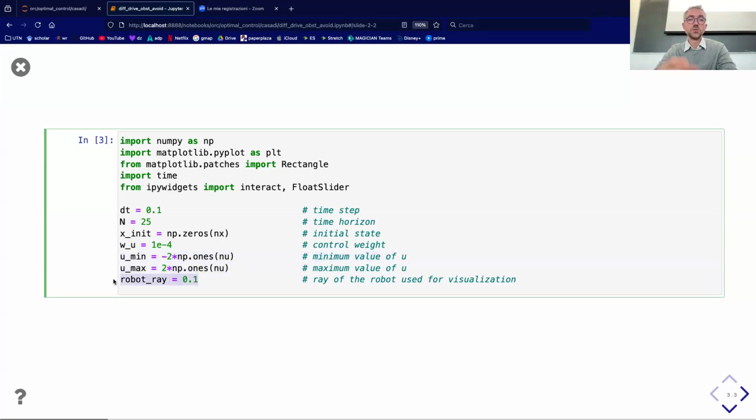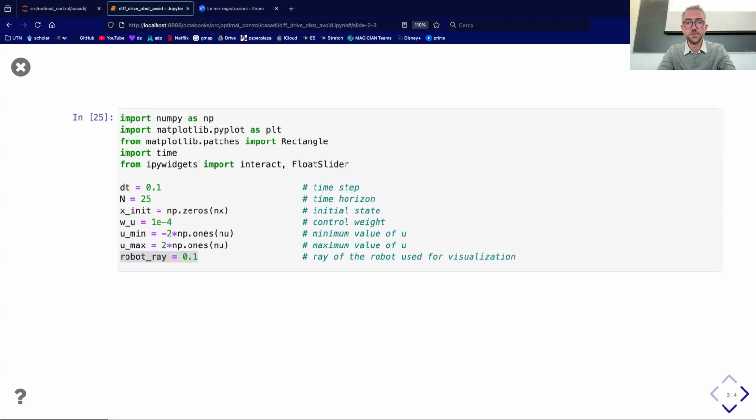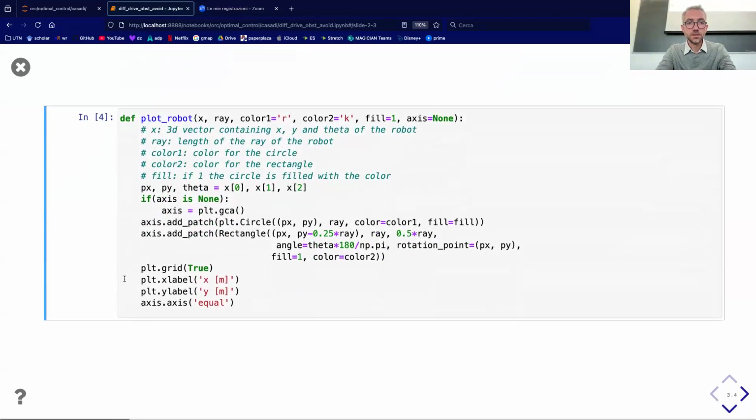And when we're going to draw the robot in the plots, we're going to draw it with a radius of 0.1. So we're going to draw the robot as a circle. This is actually the function that we define for drawing the robot.